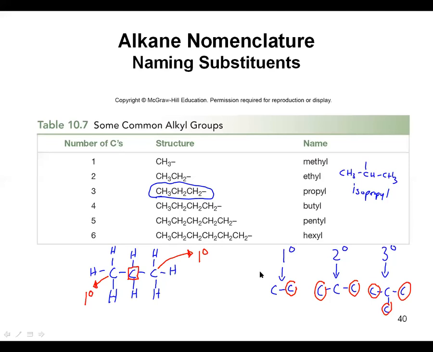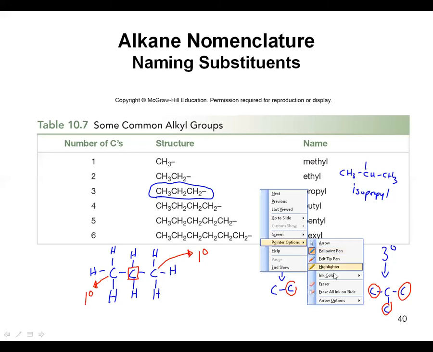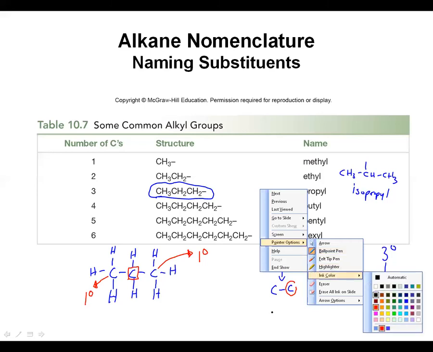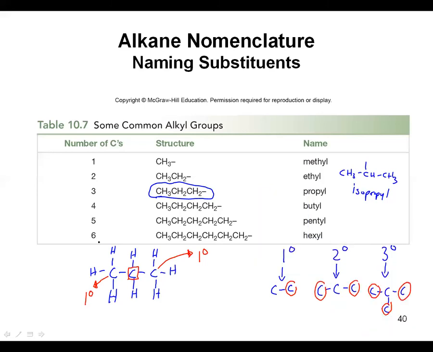When we look at the carbon in the middle, though, it is attached to one carbon here and one carbon here, which means that this carbon is what is known as a secondary carbon.